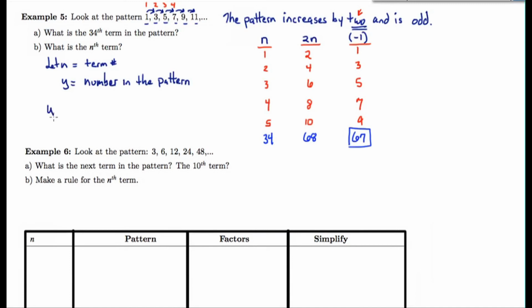Okay, so what do we do? To get y, we have to take, what do we do to n? We have to double it. So 2 times n, and then we have to subtract 1. Okay, 2n minus 1, that's part B.